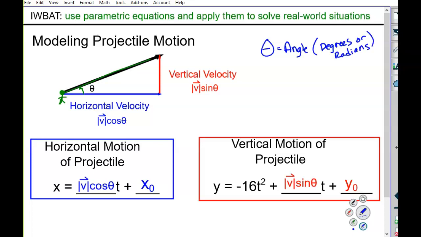And then the other piece that we really have to be well connected with is when we learn vectors, we knew the magnitude, right? We found the magnitude of the vector. That's with a symbol that's over the v. Well, what does the absolute value mean? The absolute value is talking about your speed or velocity when it's positive.